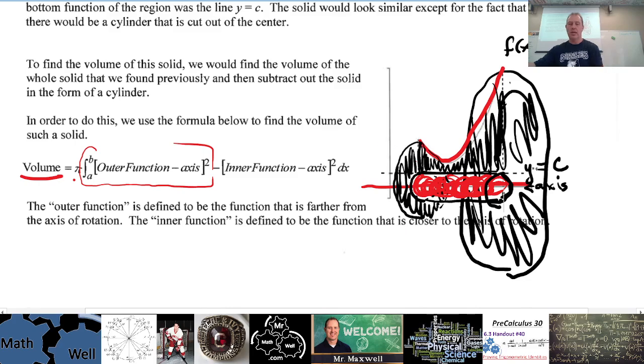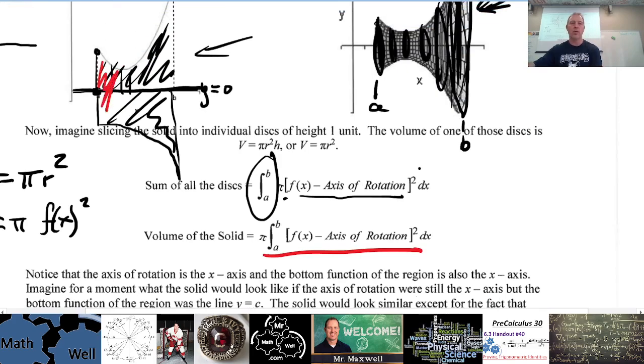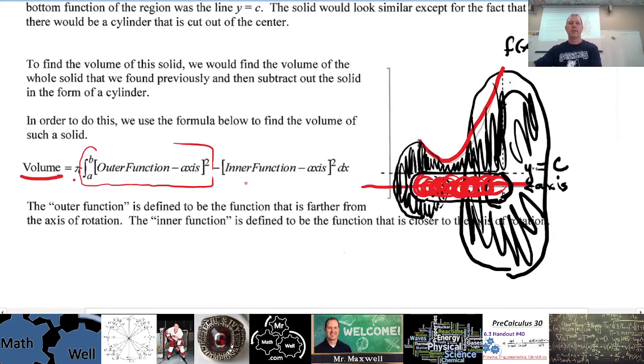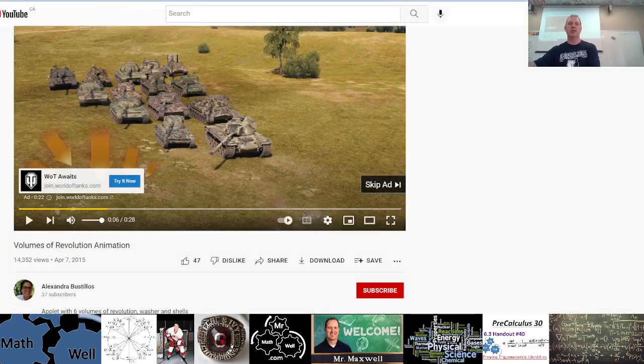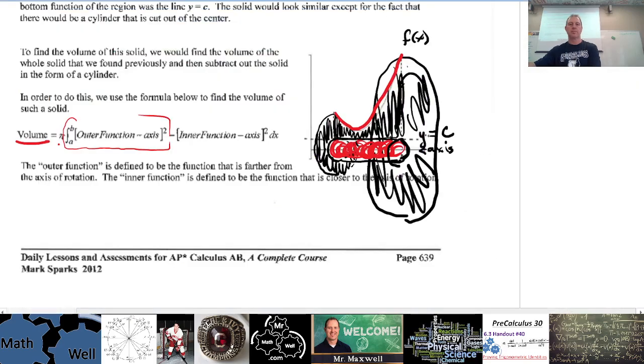That would be the same as what we had above, that's this whole thing, minus the integral from a to b of the inner function minus the axis. So we're basically subtracting this middle part. That's what this represents.